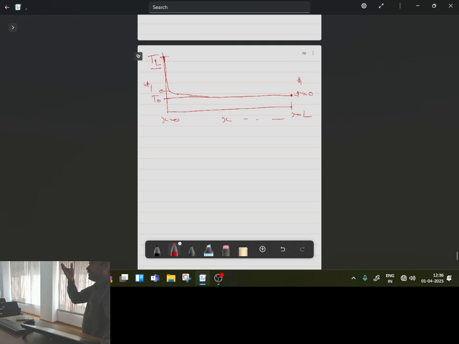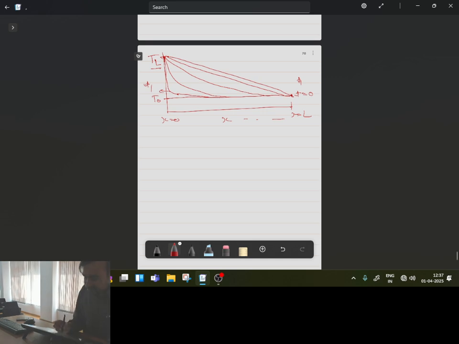If your boundary conditions are fixed, that T0 and TL are maintained constant, then after some time it will be like this, then after some time it will be like this, and ultimately it will become a straight line.